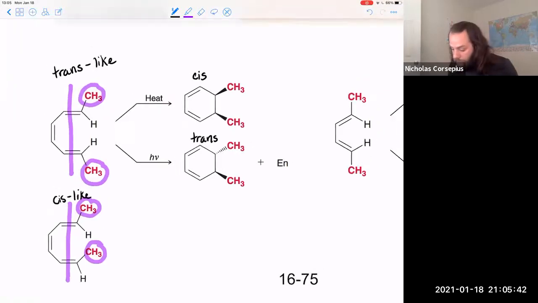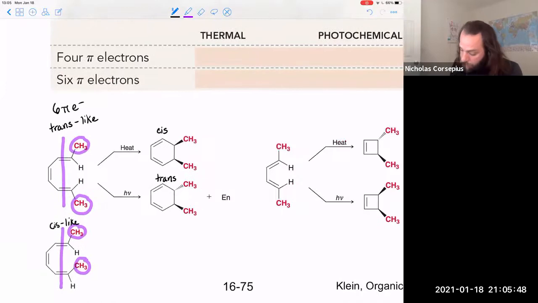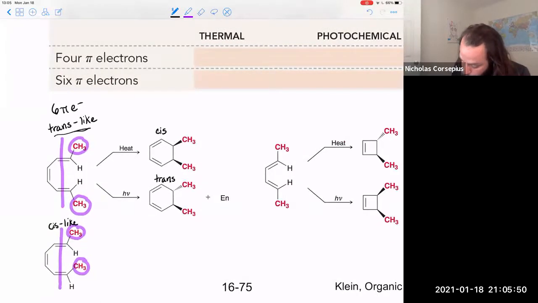What we're going to see is that if we have 6 pi electrons, like in this case, and we start with the trans-like, hit it with heat, we get cis. Likewise, if we started with the cis-like and hit it with heat, you would get the trans product. You can go back a few slides and convince yourself that this is indeed the case.